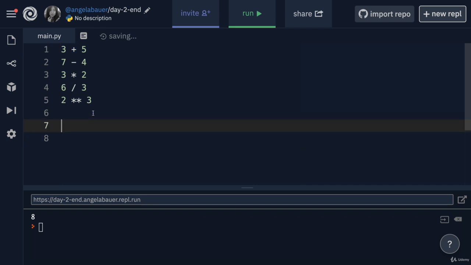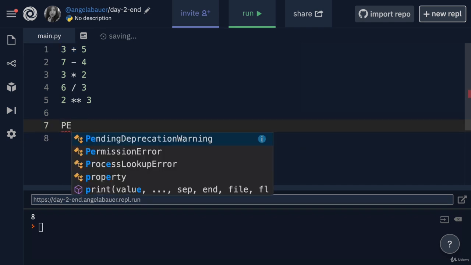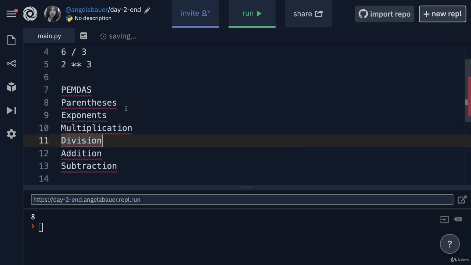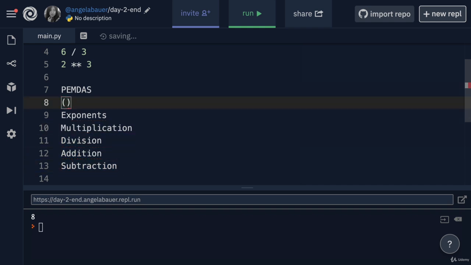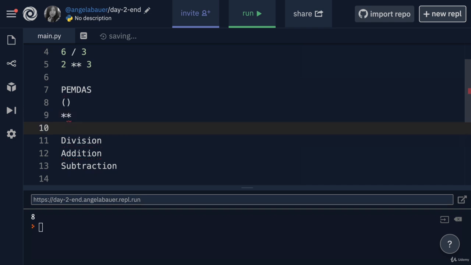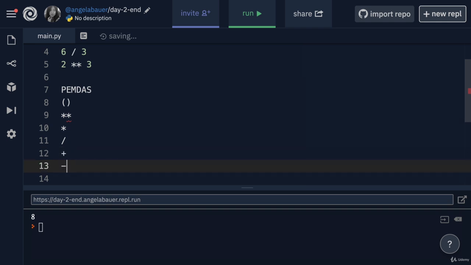And the rule that you might have remembered from high school is something called PEMDAS. It basically states the order of priority is parentheses, exponents, multiplication, division, addition, and subtraction. So the things that happen first are the things inside brackets, then it's our exponents, then it's our multiplication and division, and finally, the lowest priority is our addition and subtraction.